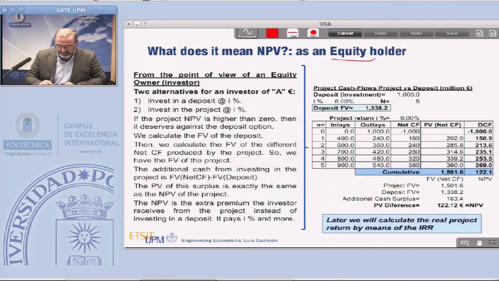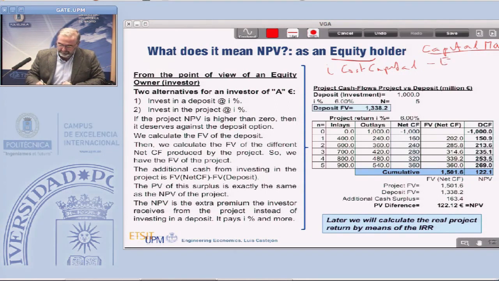As we have said, i is the cost of capital, and we have said that this cost of capital is the cost of this company for going to the capital market and asking for money. We have said that the capital market, so the money a company can borrow, can come from the shareholders.